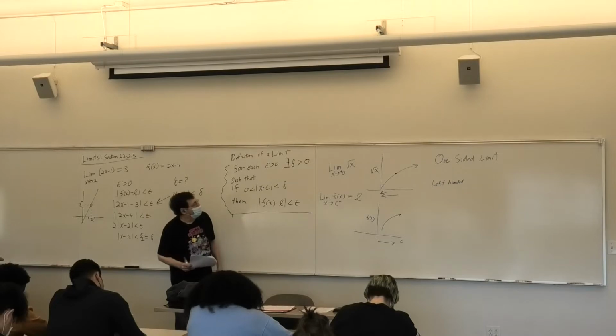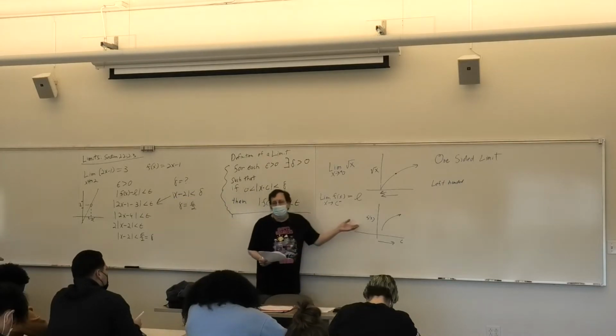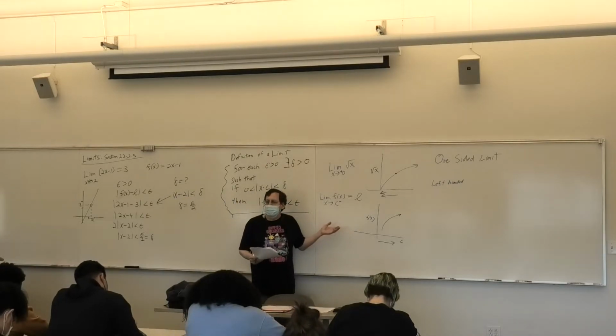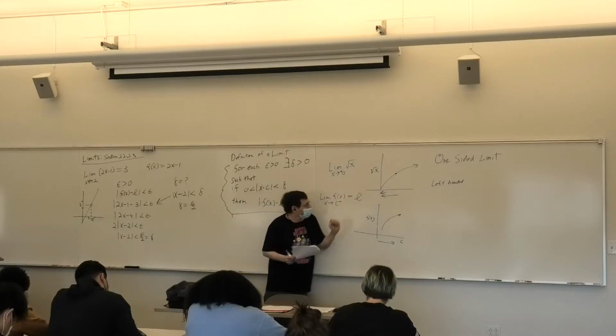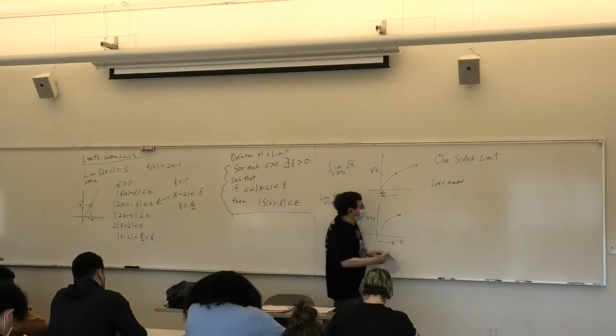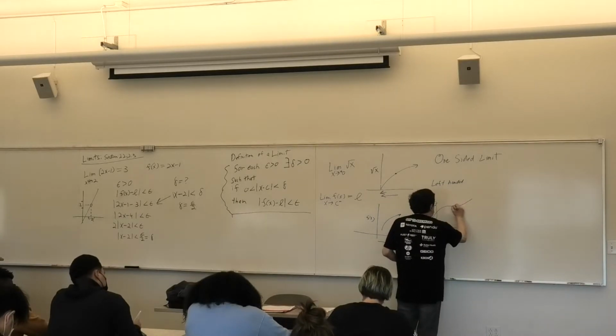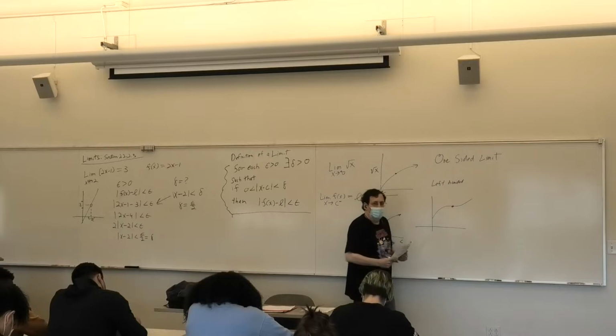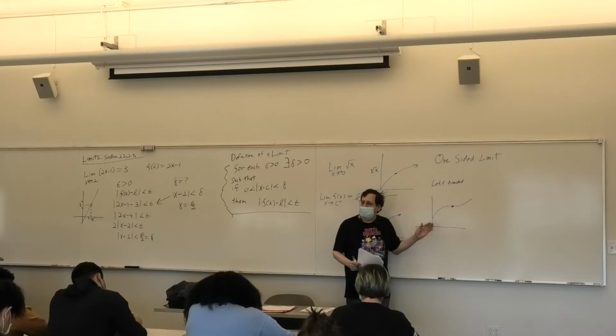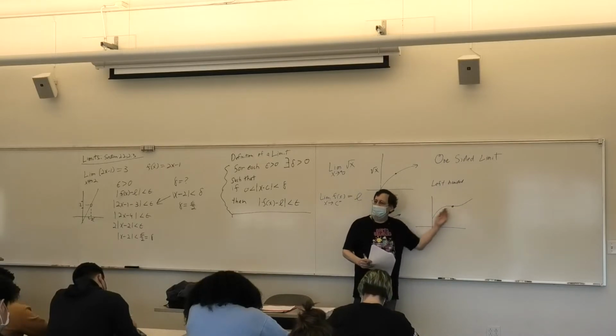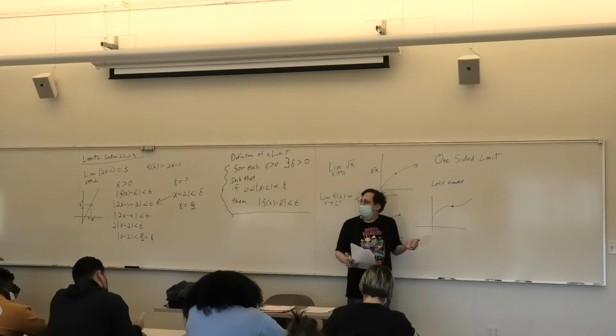Now, I've introduced these one-sided limits as if you have to have this limitation here. You don't. You could have some function, and it has a limit. If it has a limit, it also has a left-hand limit and a right-hand limit.